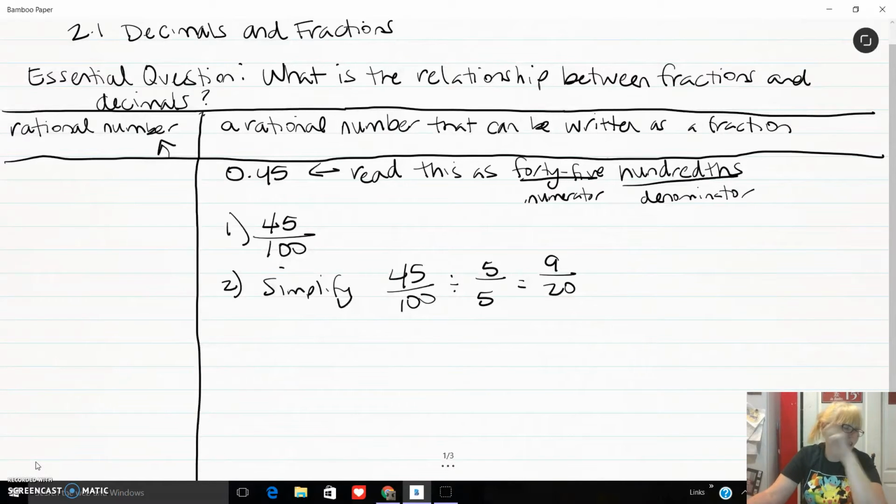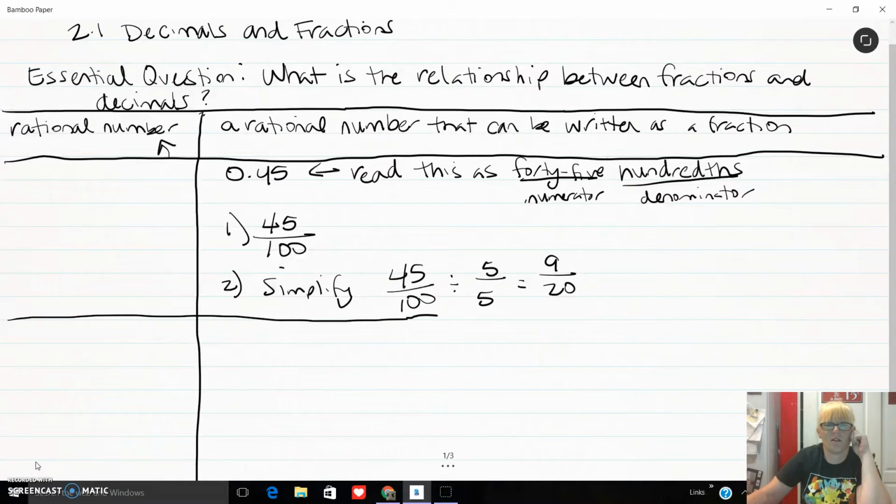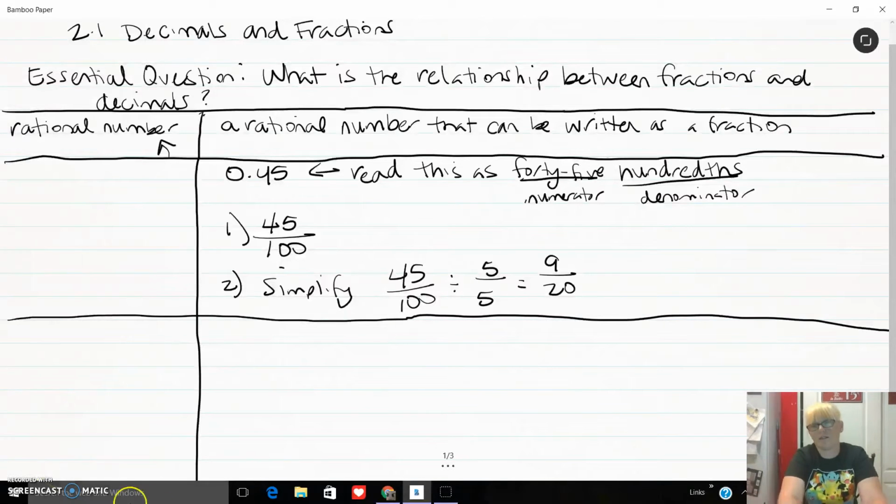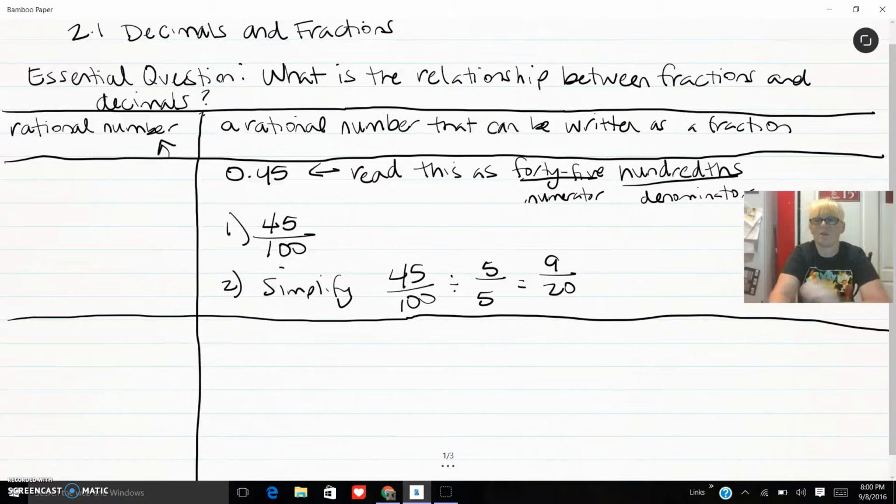Is there anything I can divide 9 and 20 by in order to make a smaller fraction? No, there is not. 9/20 is my smallest fraction because 9 is only divisible by 3 and itself, and 3 and 9 don't go into 20.